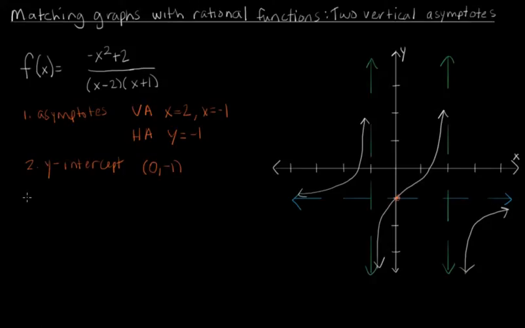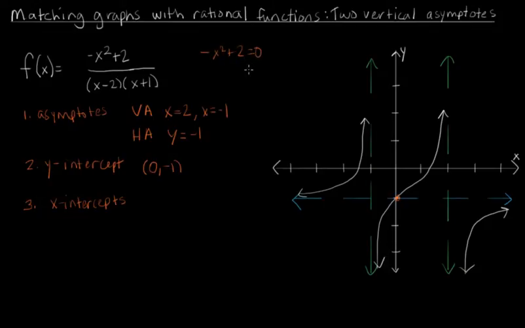And you can also look for x-intercepts. The x-intercepts are where the top is equal to 0. So negative x squared plus 2 is equal to 0.